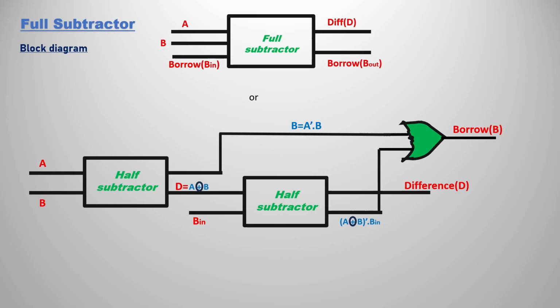I have obtained the borrow A bar B from the first one. The second one is A XOR B and B in. I have added them with the help of an OR gate. I have passed the output, that is the difference, to the second half subtractor. The final difference I am getting, and the borrow I am getting from the OR gate. So the full subtractor can be represented in this fashion and that fashion, both are correct.